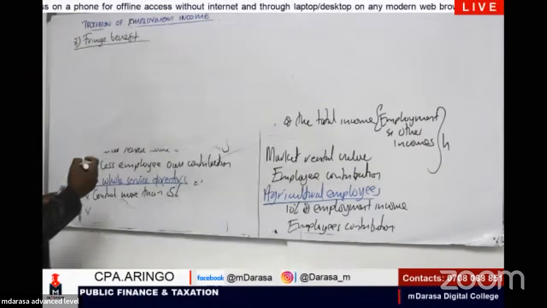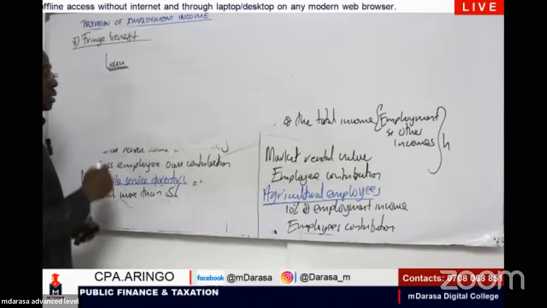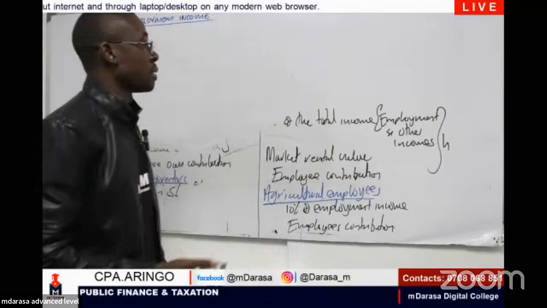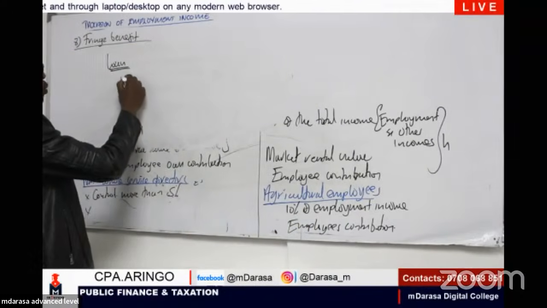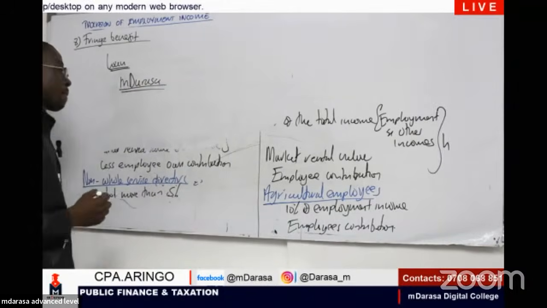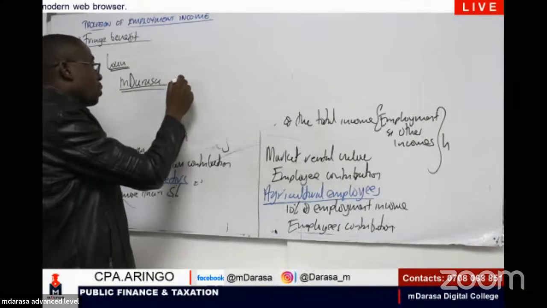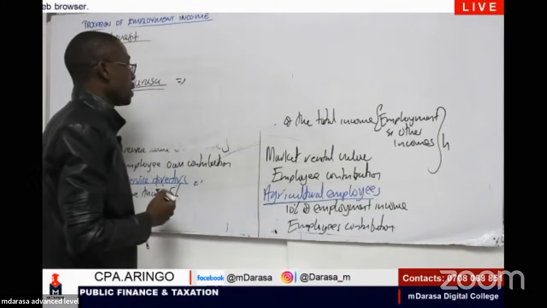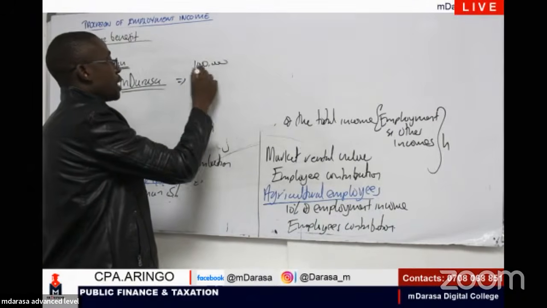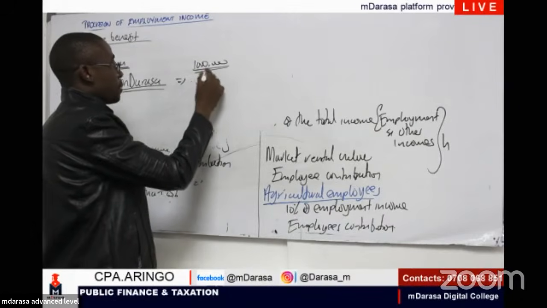Say, for example, today I want to take a loan. I'm going to approach my employer, which is probably Mdarasa, to give me a loan. Maybe I need, say, 1 million, and Mdarasa will give me this loan at an interest rate of, say, 5%.